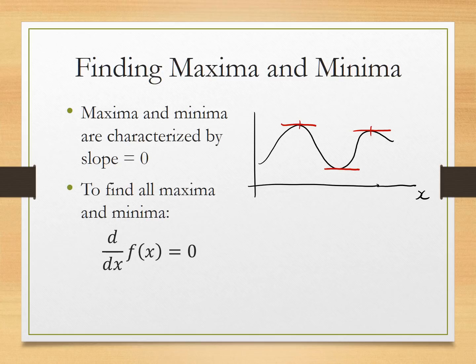These all would have slope equals 0. That could happen, and it's your job to verify which one is actually the real maximum.